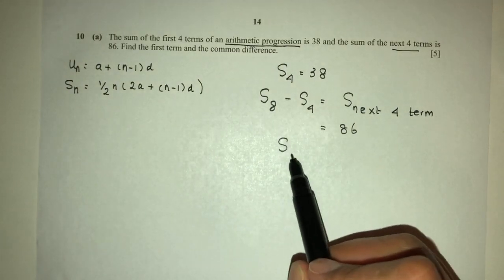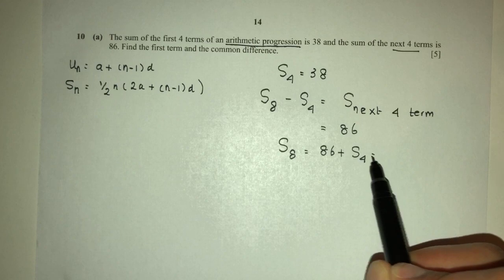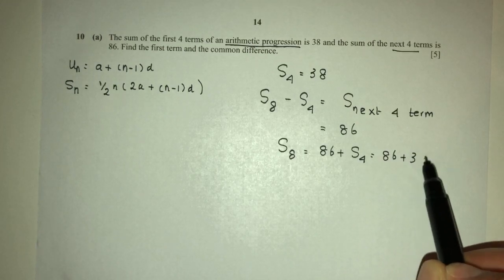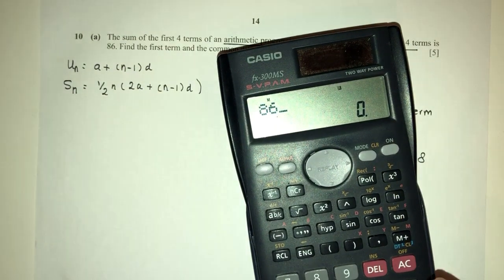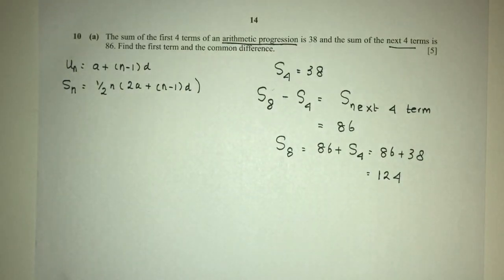So basically, the sum of the first 8 terms will be 86 plus the sum of the first 4 terms, that will be 86 plus 38. So that should be 124.